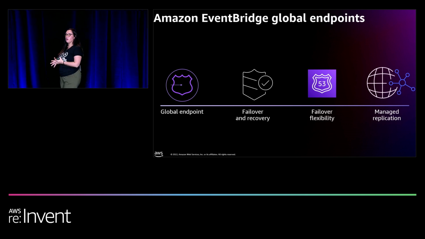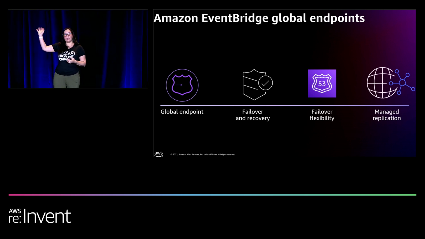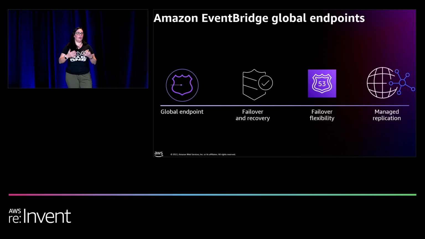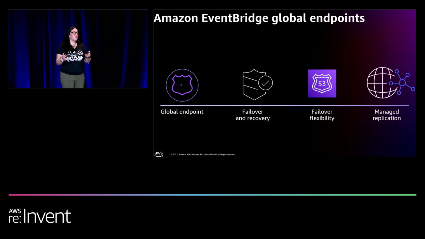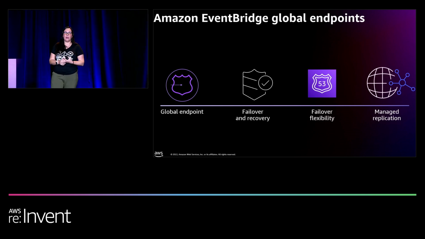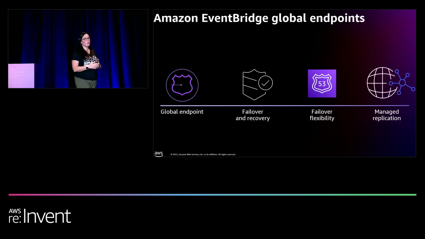That is a feature that we launched in the spring that will create a global endpoint at the DNS level, meaning that it is a global endpoint that doesn't depend on any region, and it will help you to do the failover if something fails. So if you need to fail over from region A to region B, you can do that with global endpoints. It also allows you to do the automated replication between the different regions, so that's totally handled by global endpoints.